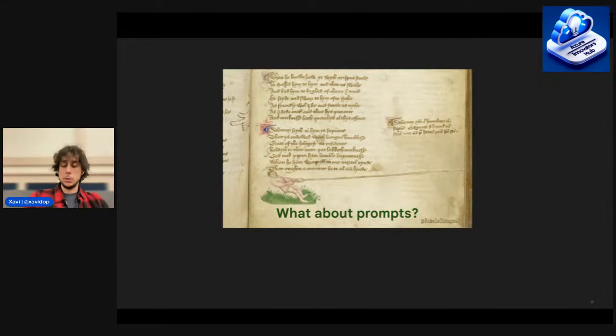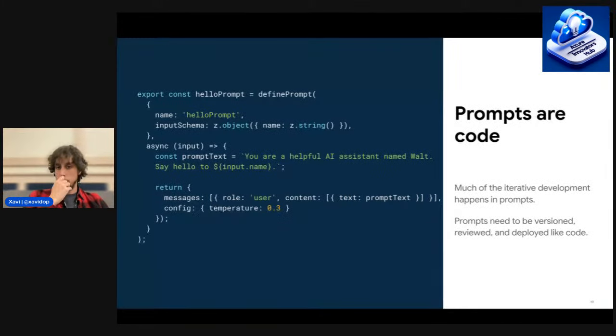So what about prompts? This is another thing that I like a lot from Genkit. And as I said before, everything is code, right? So instead of creating a big string or a txt file with a prompt, what you can do with Genkit is basically define a prompt as code.